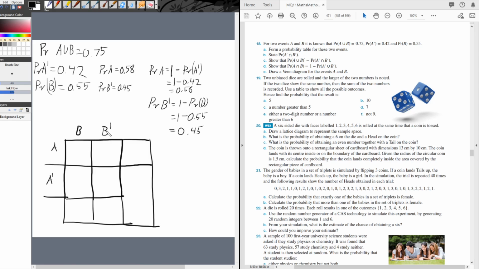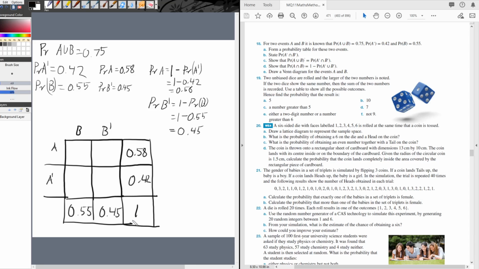We know the total probability of B is 0.55, and the total probability of B dash is 0.45. We know the total probability of A is 0.58, and the total probability of A dash is 0.42. Both of these add up to 1, so we know we're correct.